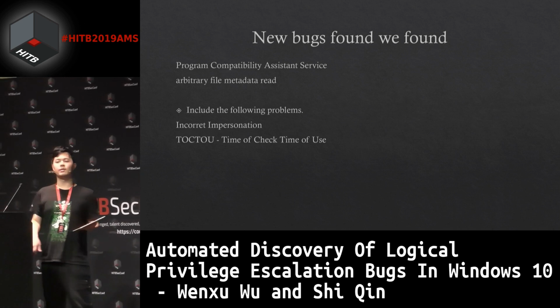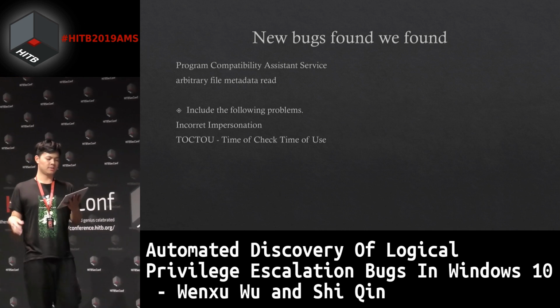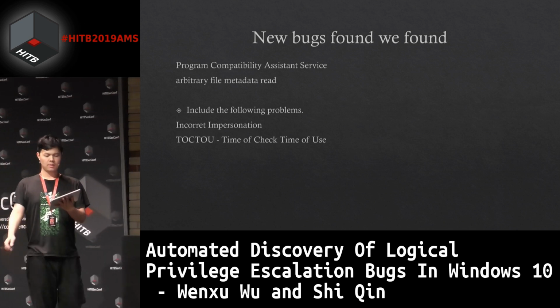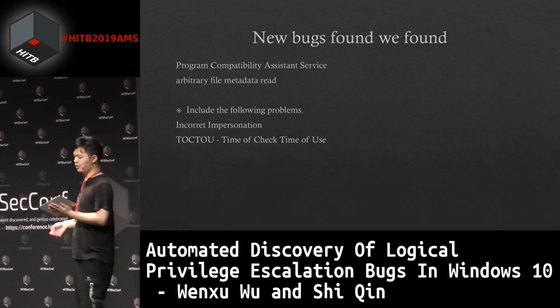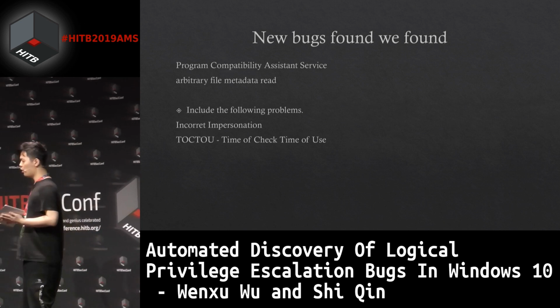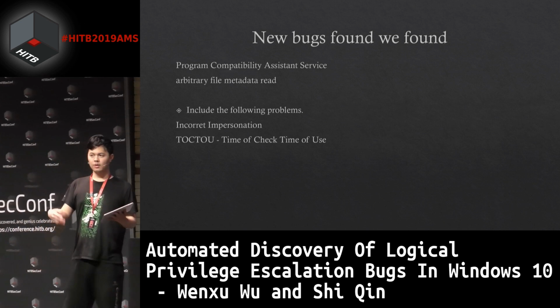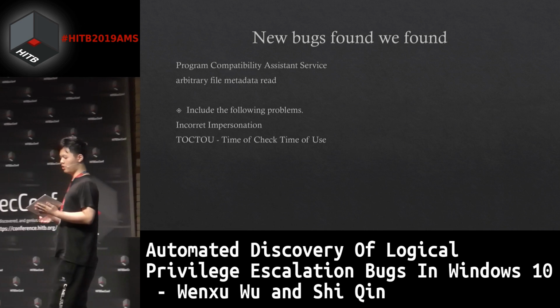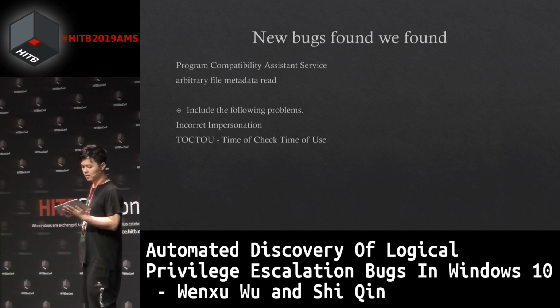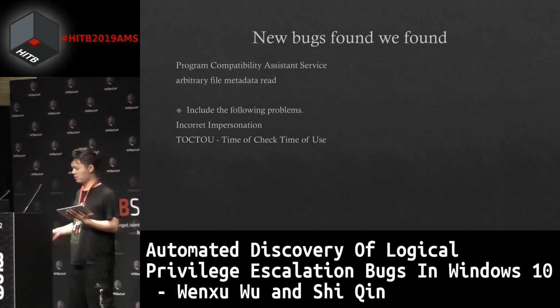It is located in the Program Compatibility Assistant service. It is an arbitrary file metadata read bug. Also, the main problem for this bug is incorrect impersonation and time of check, time of use.